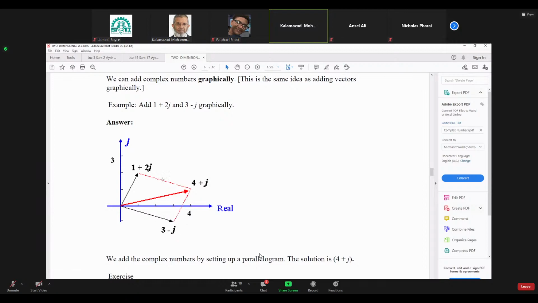You draw them, you complete your rectangle, draw the diagonal, and that's going to give you your resultant or the addition of those two vectors. Fair enough? All right, but we're not going to be doing too much of graphical representation anyhow. Here's another example. We add the complex number by setting up our parallelogram, and the solution.